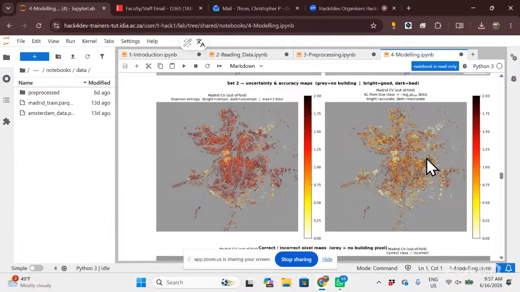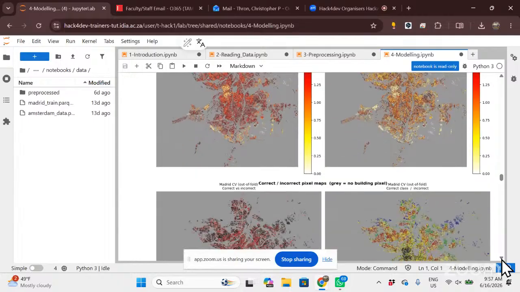Over in this area, the classifier was not certain at all because I'm getting dark pixels here. So this is telling you where the classifier is having trouble and where it is doing well. This information may also be useful in designing your classifier. All right, so that's Madrid.